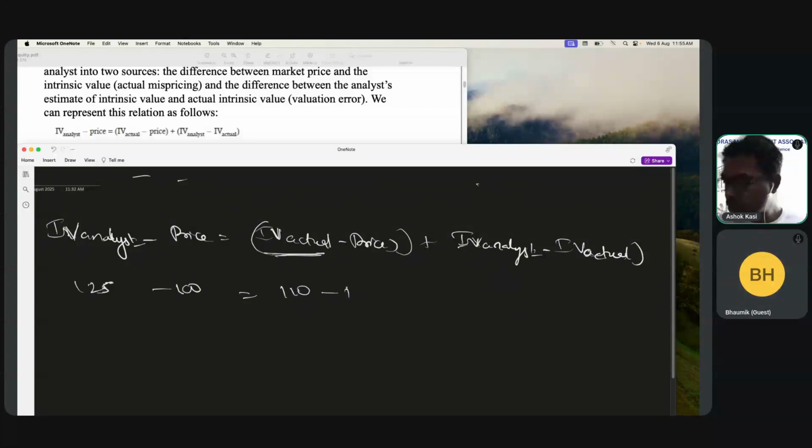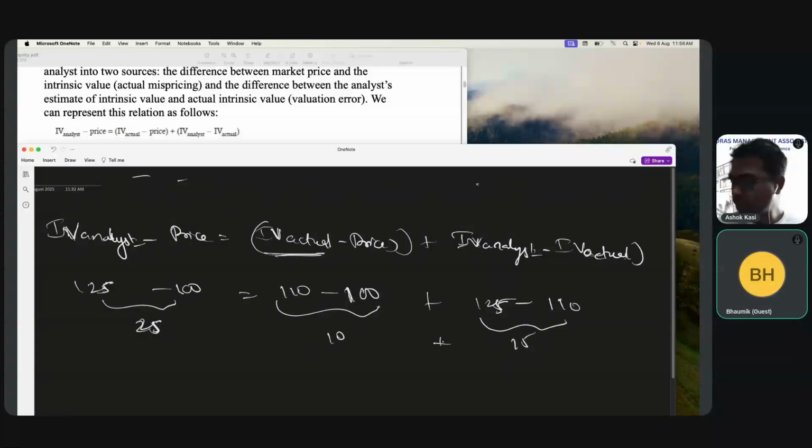So this difference of 25 comprises the actual 10, plus the analyst's 125 minus the actual 110, which is the exaggeration part, and this is the actual part.